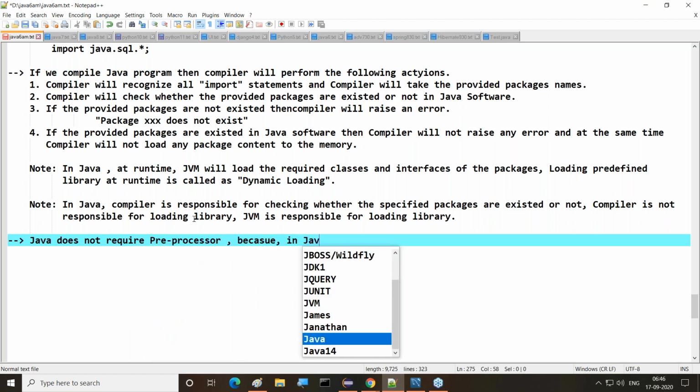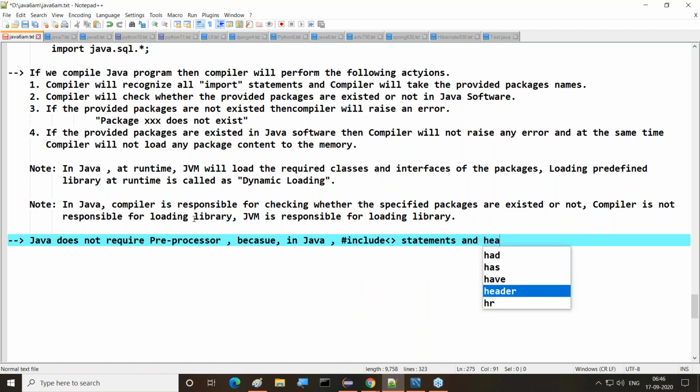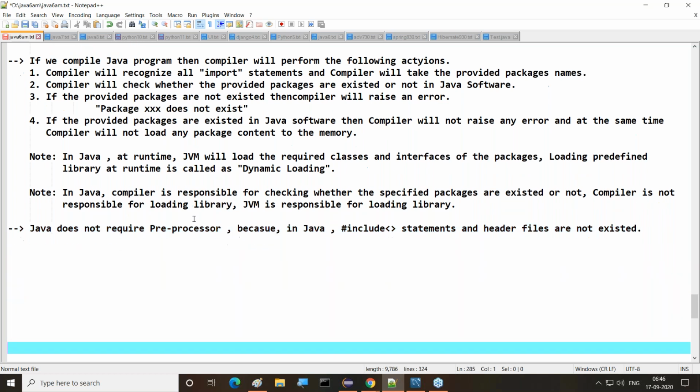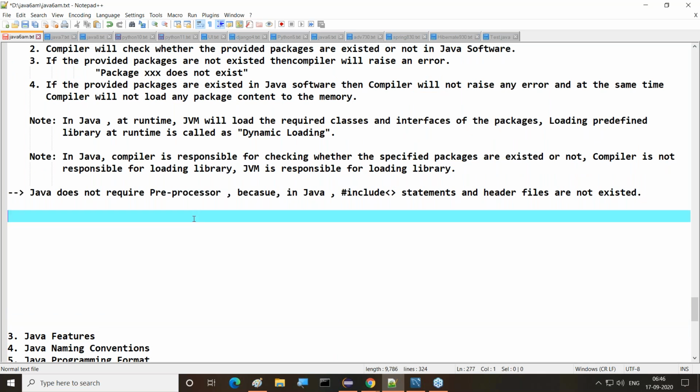Because in Java, hash include statements and header files do not exist. That's why preprocessor is not required. It is a simple reason that we have to understand. To give this conclusion only, I discussed this total process.